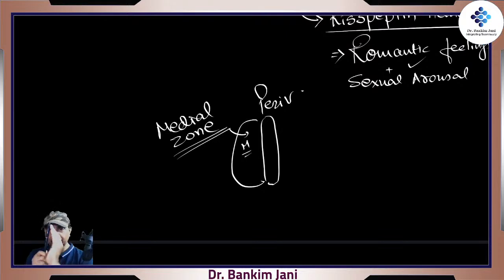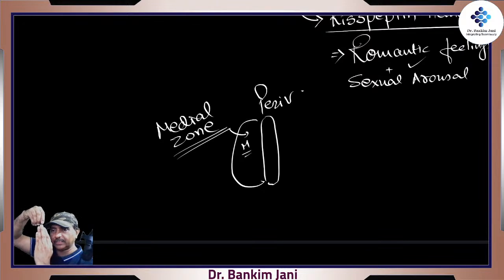But when we rotate it, all my 4 fingers are like 4 zones. Getting the idea? See, this is the periventricular zone. You are watching it in sagittal section. These 4 fingers are 4 zones: preoptic, anterior hypothalamus, intermediate hypothalamus, and the posterior hypothalamus.